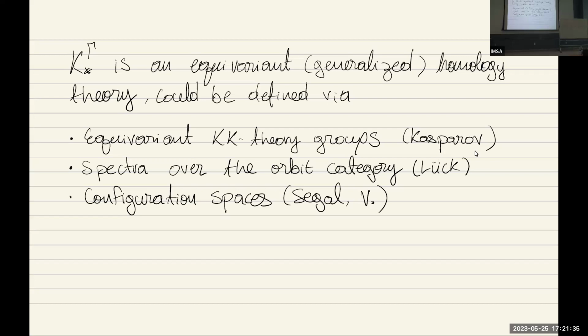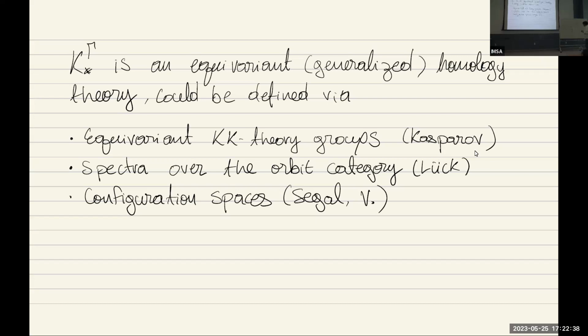There are many other models for equivariant K homology. For example, you could define it using the geometric model, using maps to the space X, with triples (M, E, f), where E is a vector bundle over a manifold M, which is a spin-C manifold, and f is a map to the space X. K homology of X is the set of equivalence classes of these triples, divided by a certain equivalence relation.